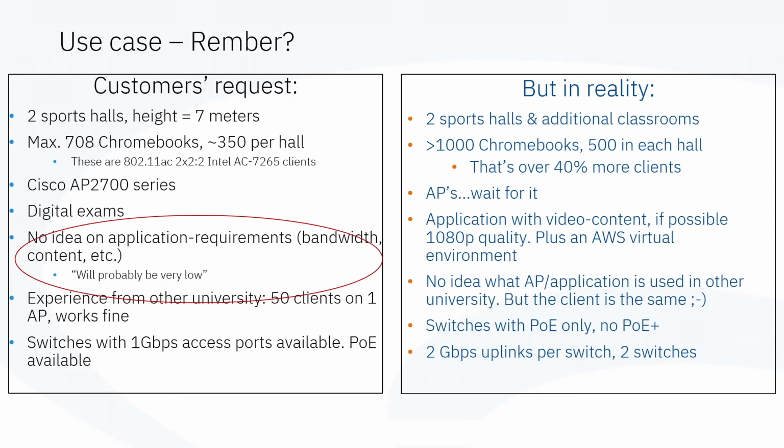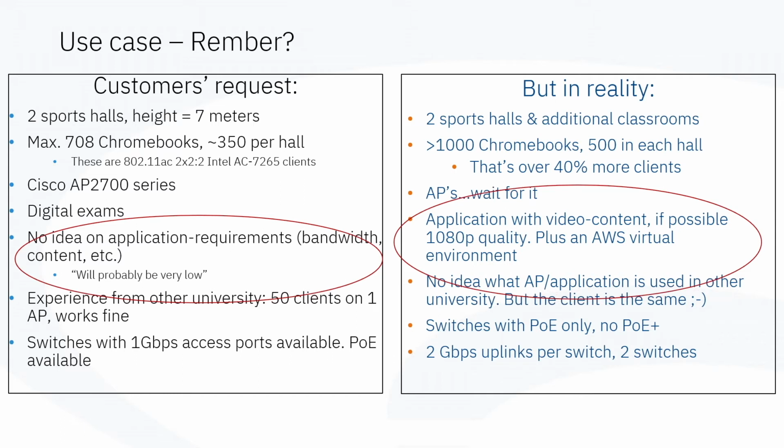Which added up to over 40% more clients than anticipated and designed for. We ended up with a different AP model, which we'll show you in a moment. And again, the application now suddenly became video content based, if possible at 1080p quality, plus an Amazon virtual environment in which the exams were now being placed. So that's quite different from the original requirements.